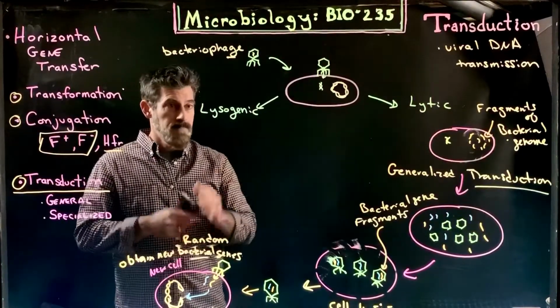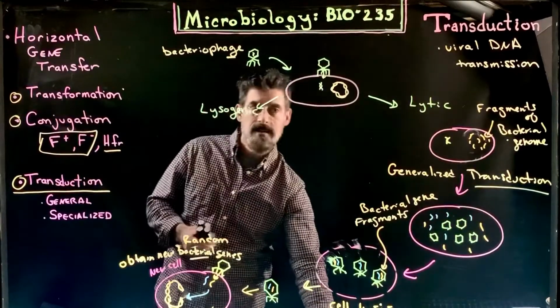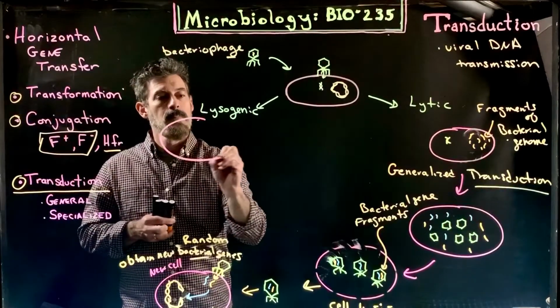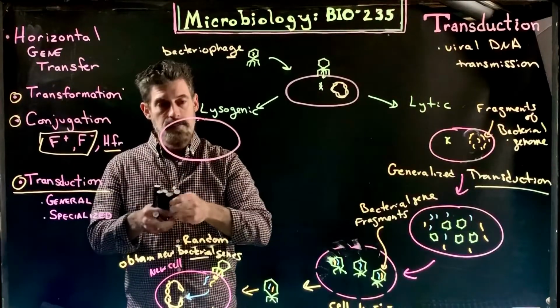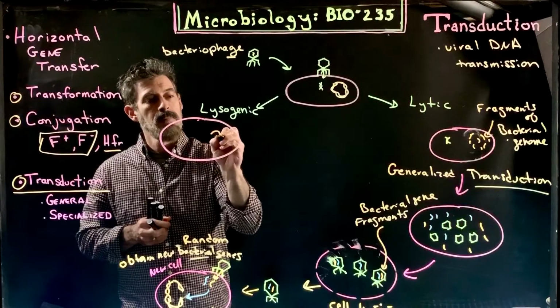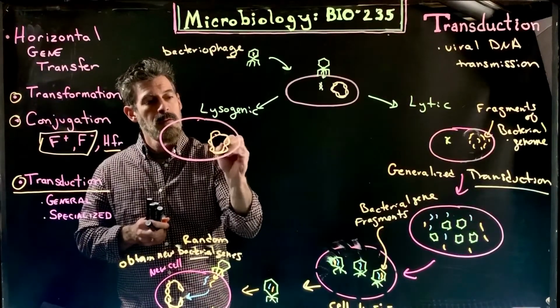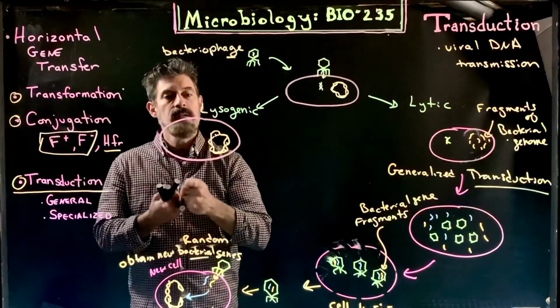Now, the lysogenic cycle is going to be a little bit different. In the lysogenic cycle, what's going to happen is that, I'll draw this here, this bacterial cell is infected. The viral genome is inserted into the cell.